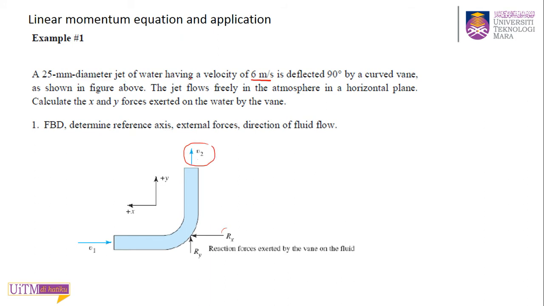They just said the jet water velocity of 6, this is the 6 coming in. So this is 6 meter per second. What is the velocity coming out? Does anyone know? Six also, Pak Sen. Why?